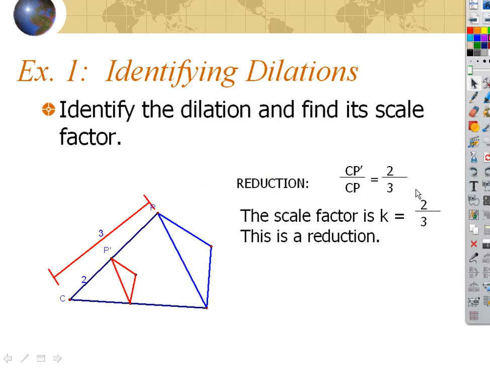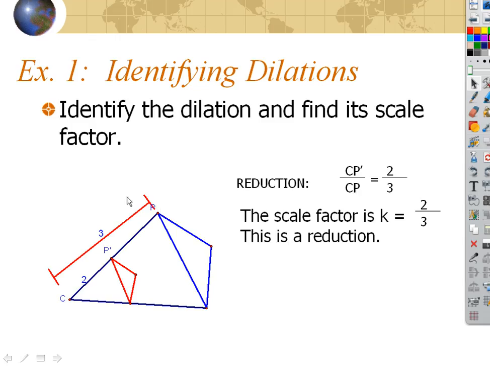How about that one? Identify the dilation, find its scale factor. If we're starting blue and ending red, is this going to be a reduction or an enlargement? Reduction. Okay. If we find the distances to corresponding points, it looks like the distances from C to P and C to P prime are 3 and 2.